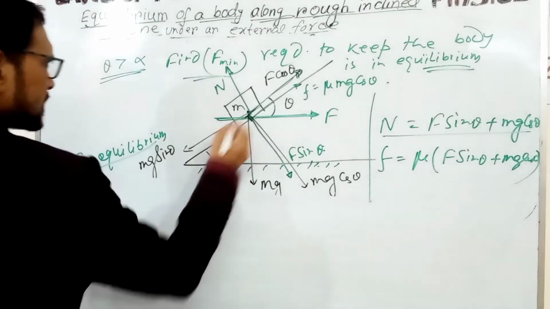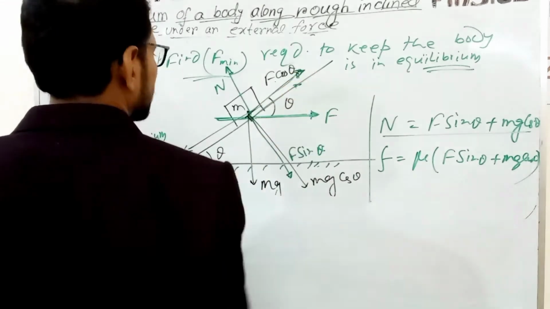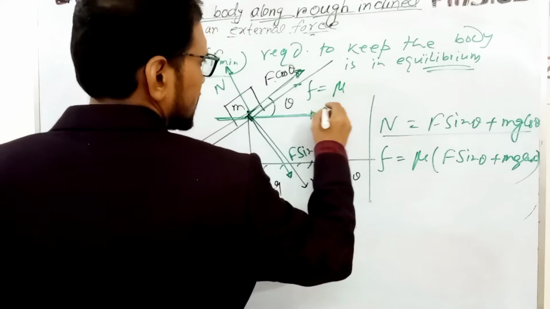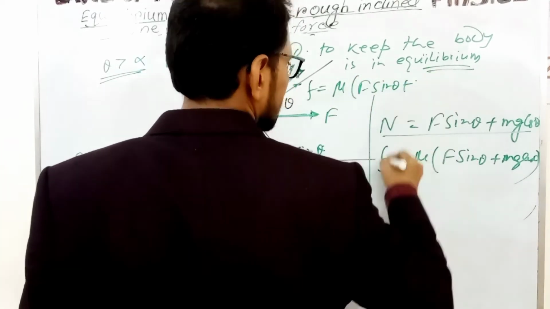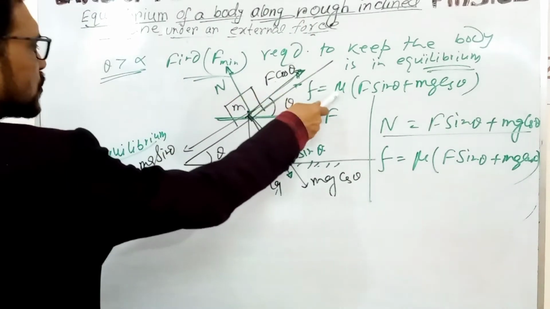So here F cos theta plus the friction force, which equals mu into F sin theta plus mg cos theta. Now this force plus this force balances this force.